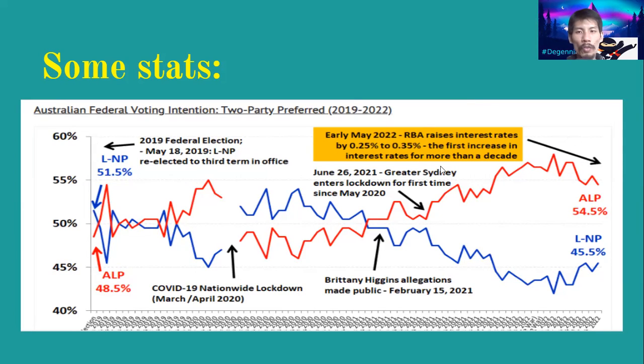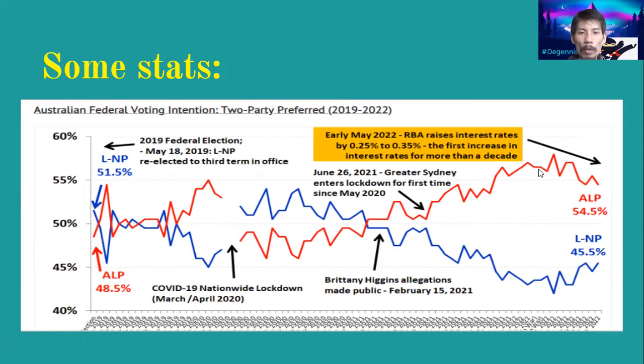You can see the trends through the COVID crisis and all the lockdowns, down to the recent times where the RBA, Reserve Bank of Australia, raised interest rates for the first time in over a decade. Labor's support, the red line, has been steadily climbing since last year, and it's now sitting at around 54.5%.